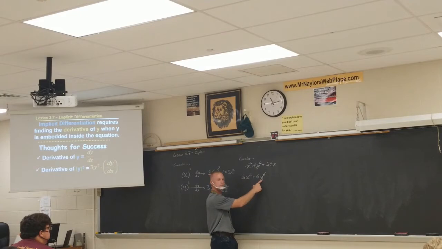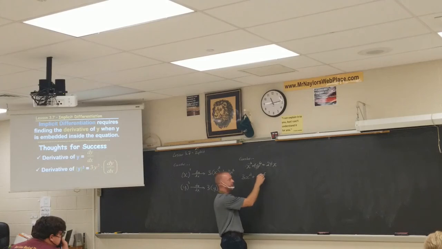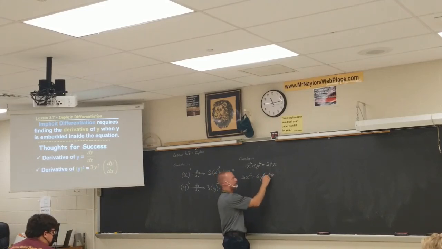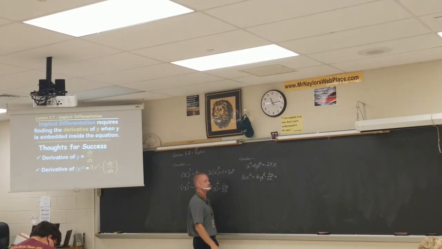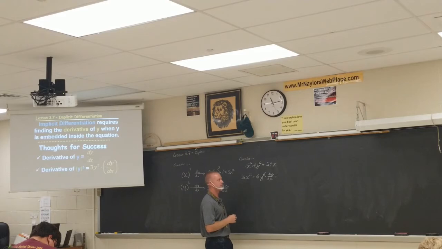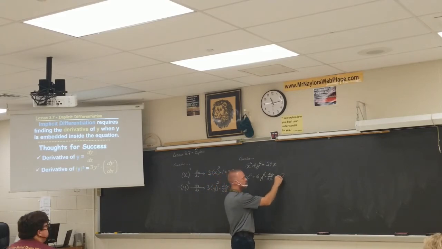I left the inside alone when I wrote down the letter y. But now I have to do the derivative of the inside. What's the derivative of y? dy dx. We chain on, we multiply on a dy dx. Hey, the derivative of 24x, good news, it's 24.